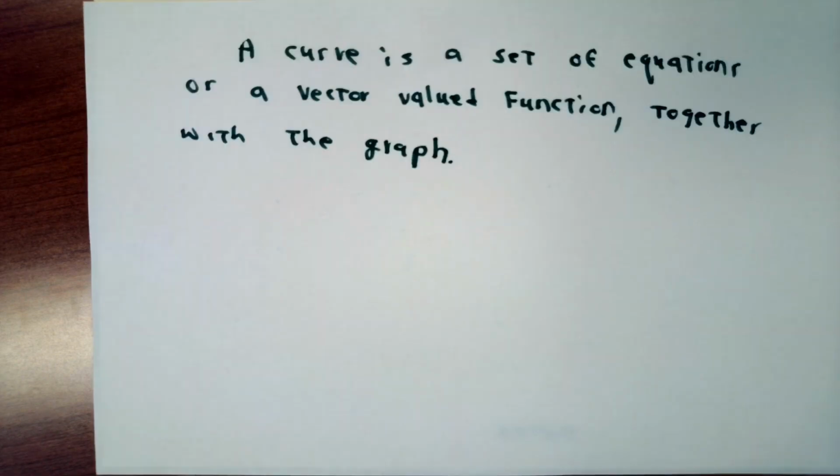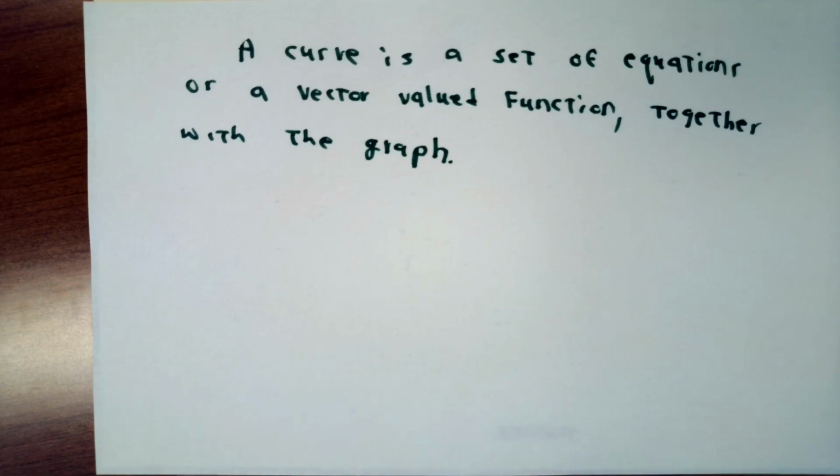For reasons that'll become clear shortly, I'm going to be official and say that a curve is a set of equations that give you x, y, and z if you're in 3 dimensions, or described by some specific vector-valued function, together with the graph.